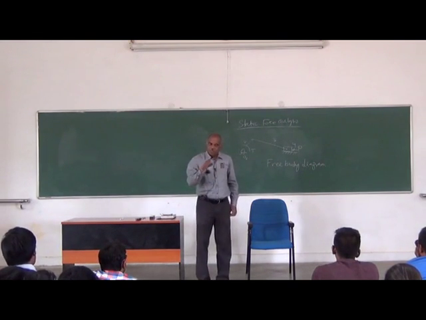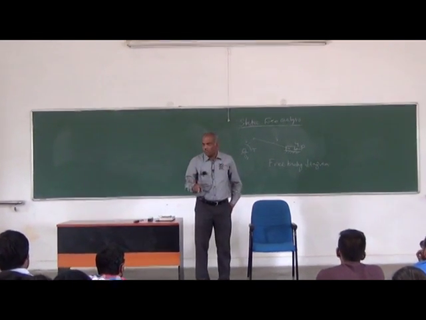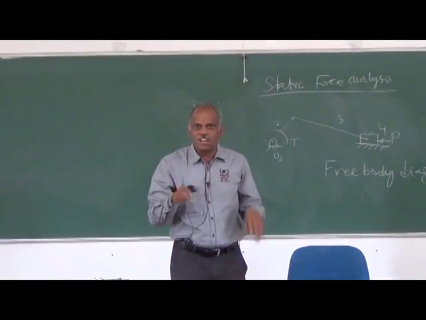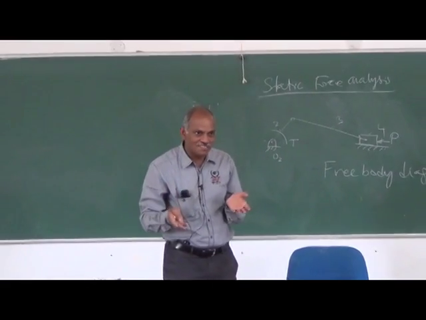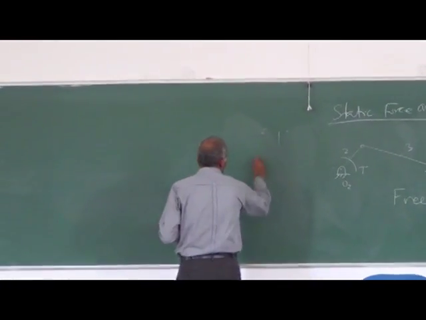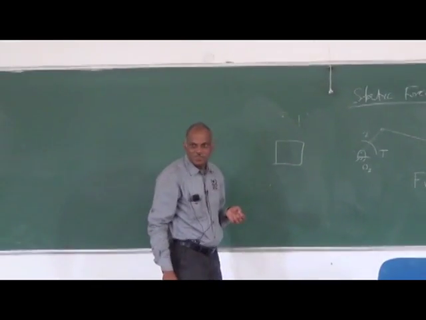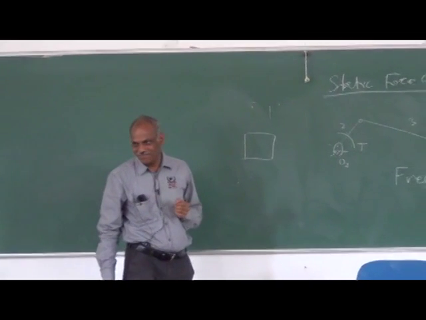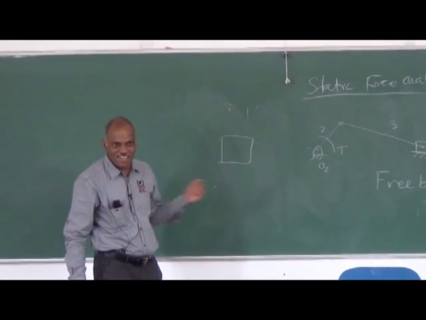But one of the important things, as I go around, I found that a free body diagram should not compromise its geometry. When I say a chair, you should not represent the chair by a block like this. Then how will you distinguish between a block and a chair? A chair is a chair.